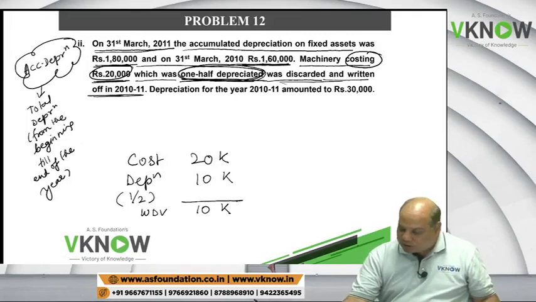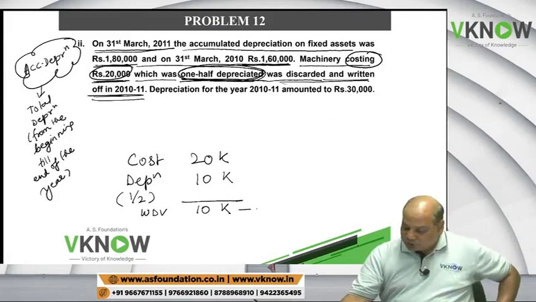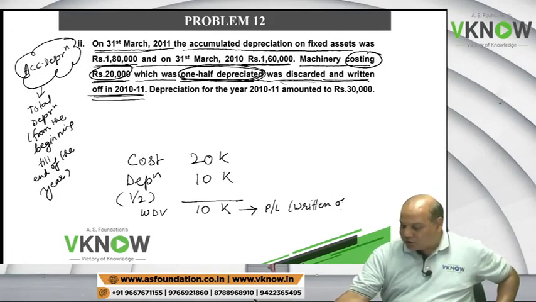So what I'll do, I will transfer this to P&L account. Machinery discarded and written off.